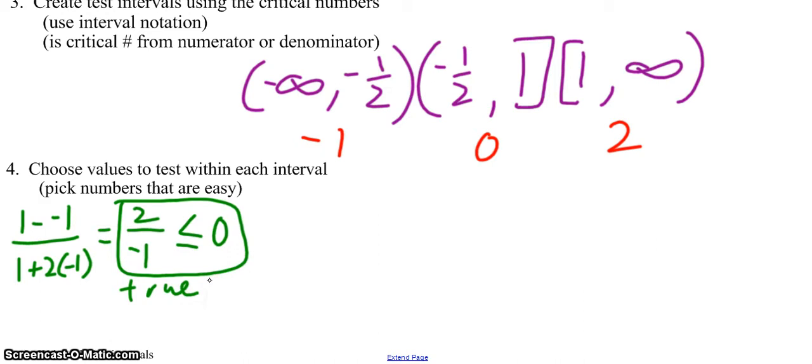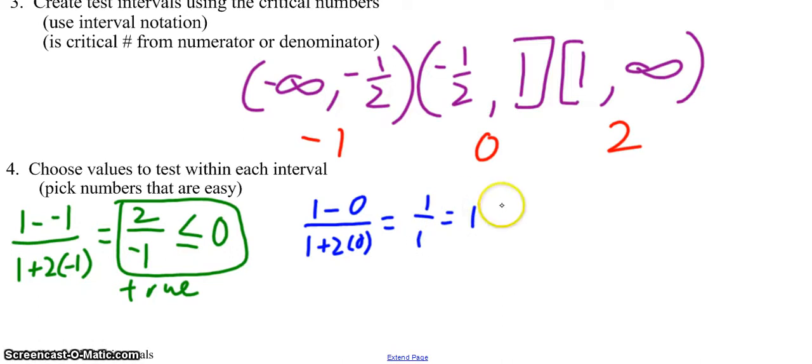So that's true. If I do 1 minus 0 over 1 plus 2 times 0, I end up with 1 over 1, which is 1, which is not less than or equal to 0. So that is not a solution.